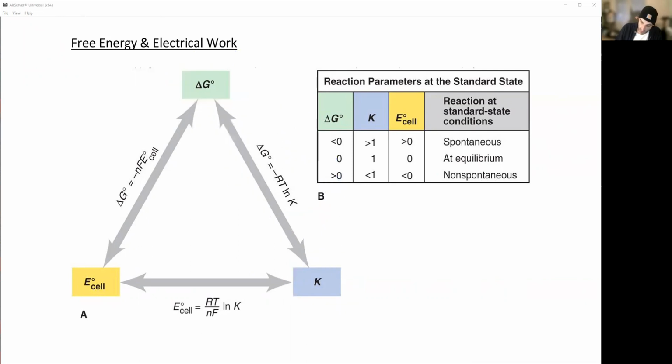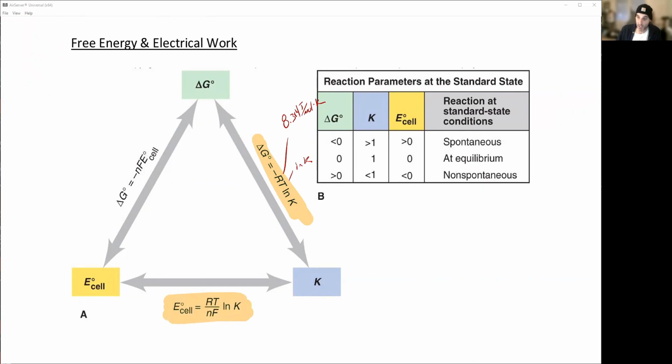R is 8.314 joules per mole K. T is temperature in Kelvin. There is a relationship that we have to check out now between E cell and the natural log of K. We're going to see that below as well.